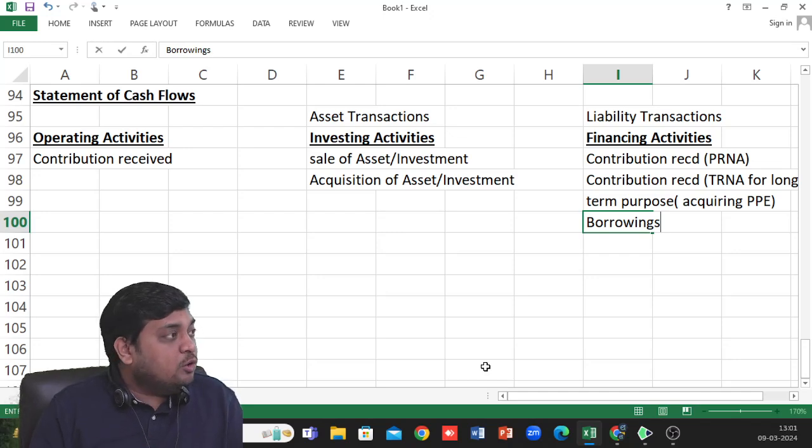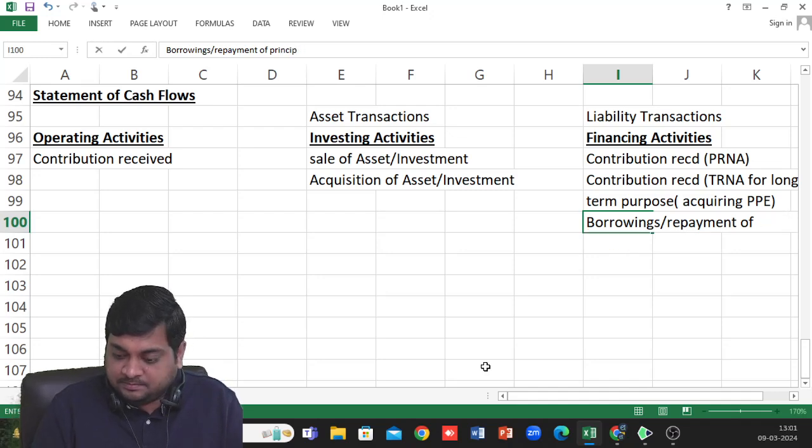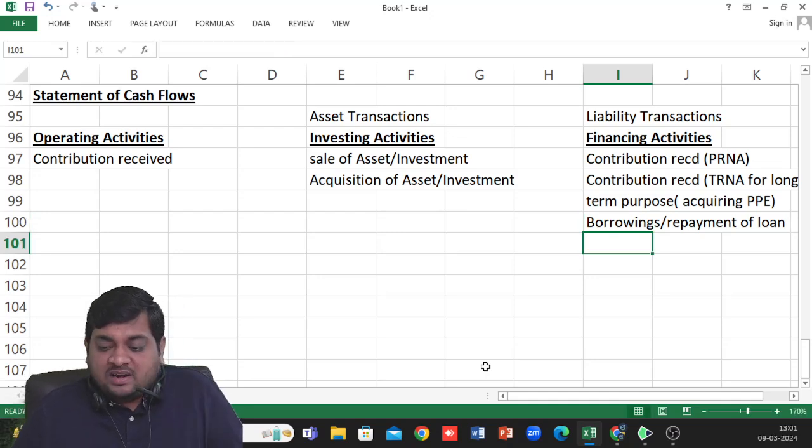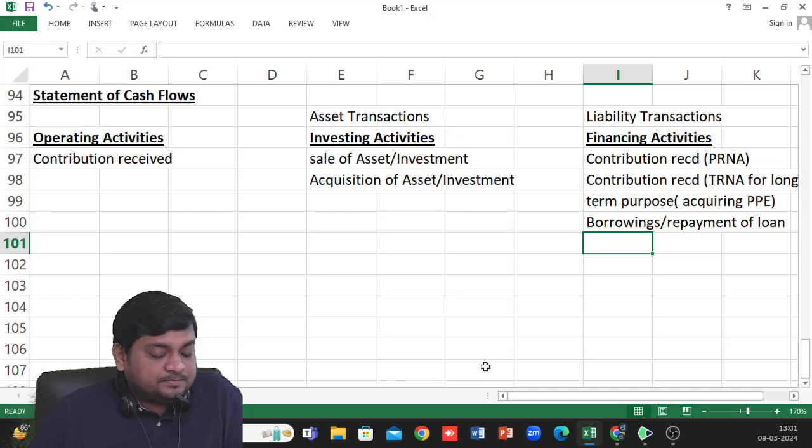Borrowings, like I have taken a loan, repayment of principal, all these are financing activity.